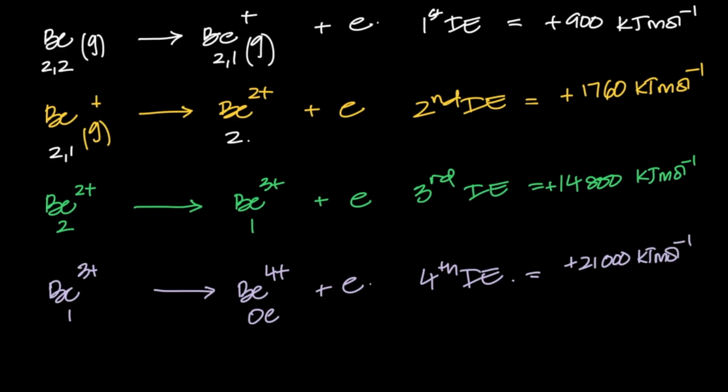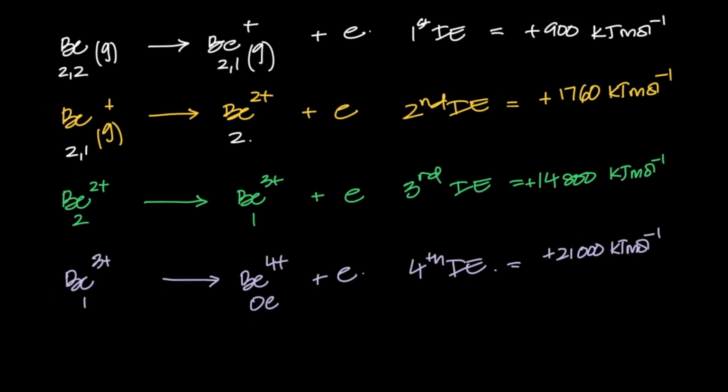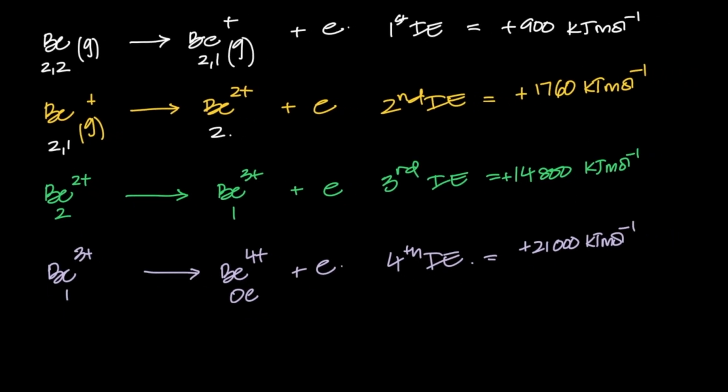Now, why am I studying these? Well, the last electron requires 21,000 kilojoules of energy, so much more energy, because that electron must be pulled much more strongly by the nucleus than the first electron being removed.